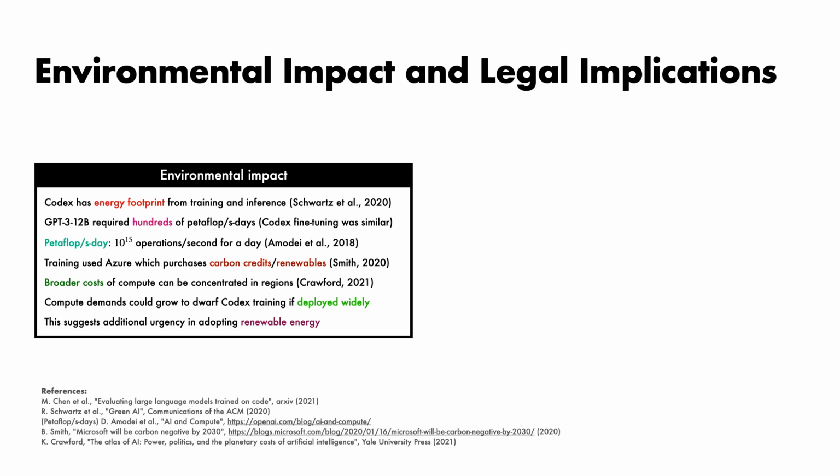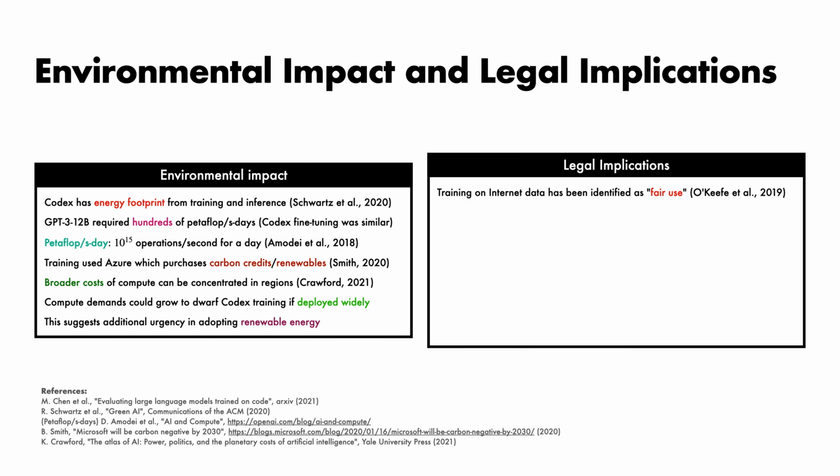From a legal perspective, to date, training AI systems on internet data such as public GitHub code has been identified as an instance of fair use, an issue that is discussed at length in the OpenAI policy submission of O'Keefe et al.